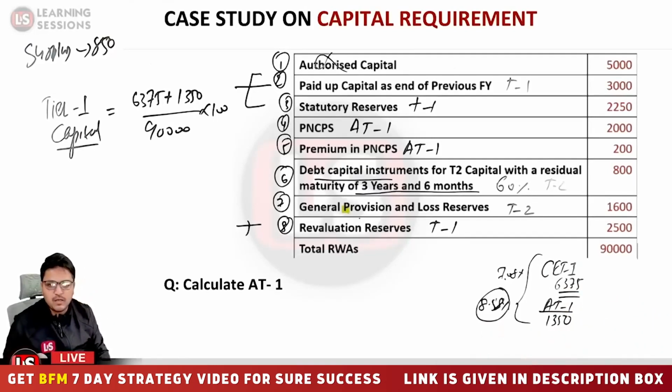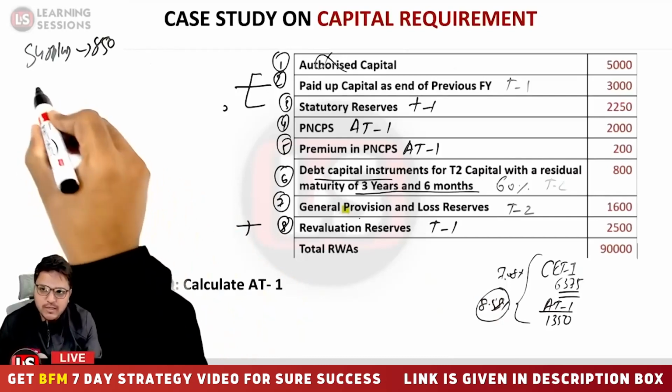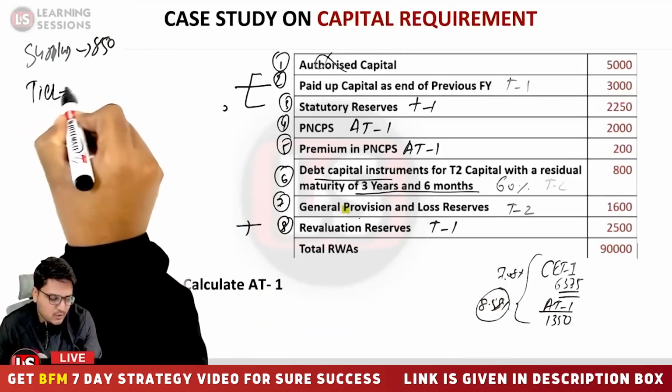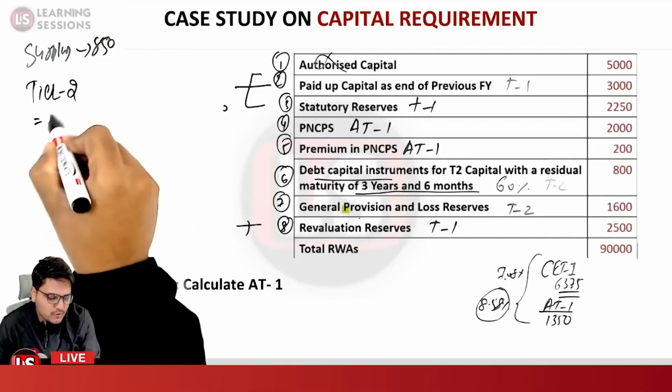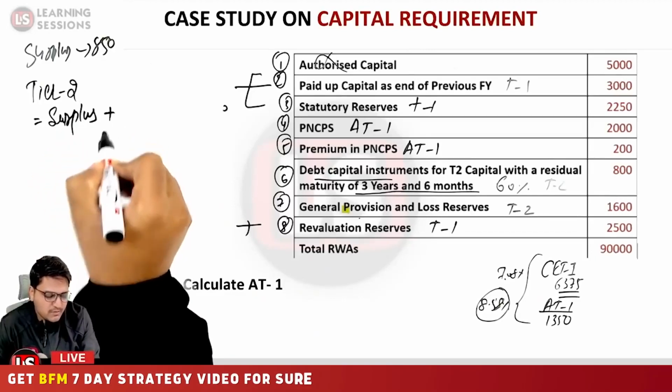Okay. Further, the next question says that we need to calculate the tier 2 capital. Now, what are the different components related to tier 2 capital? First of all, it is the surplus that we need to consider, the surplus from the additional tier 1.